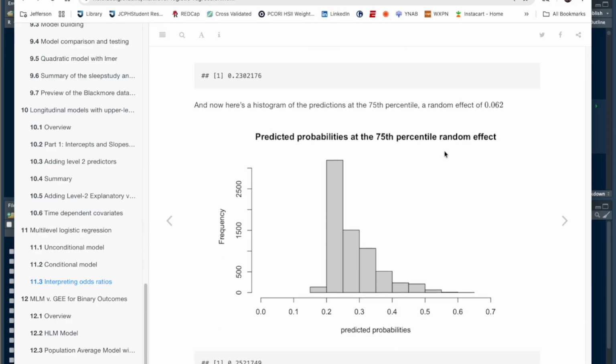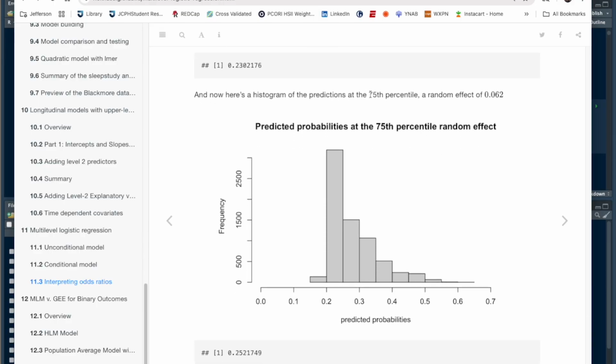If instead we made everybody come from the 75th percentile, which is a random effect that is slightly positive, which means that in general this cluster is going to have a higher propensity for ED utilization, we actually don't see that much of a difference.